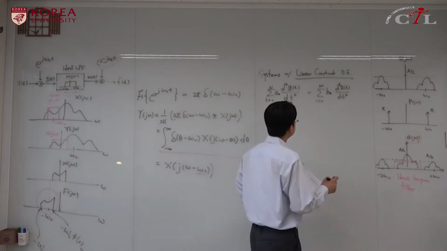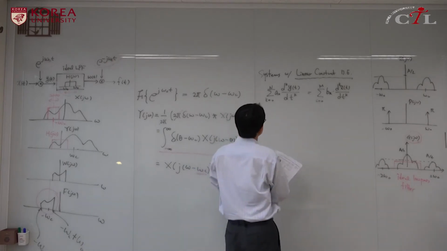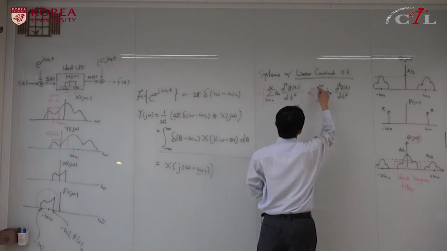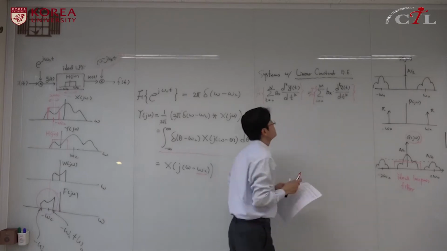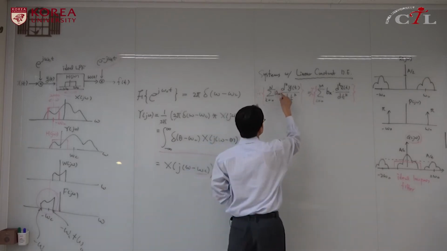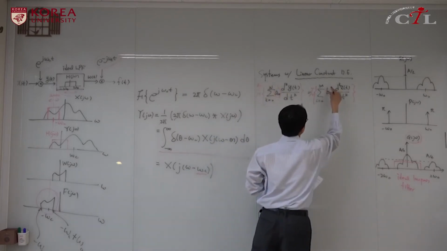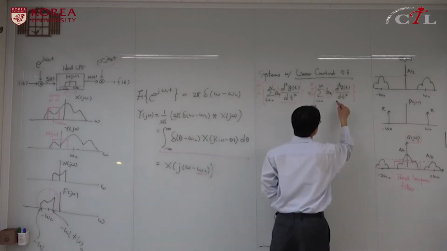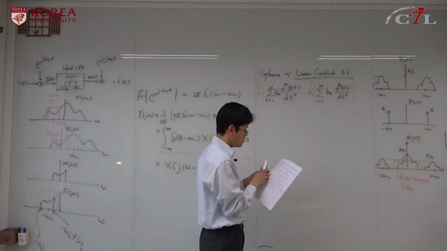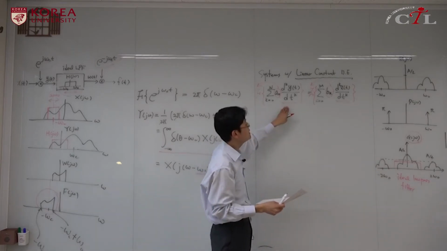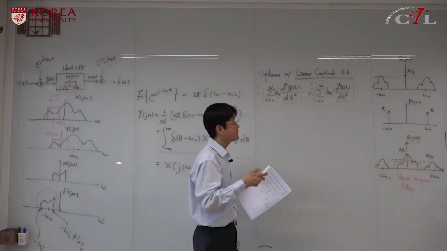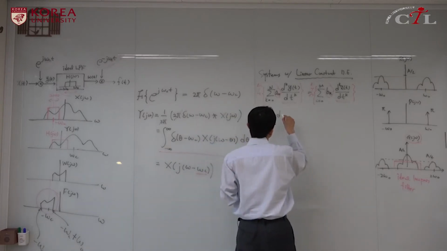Then I do the Fourier transform here and here, and because of the linear property, the coefficients will come out of the Fourier transform. And for this differentiation, we know that if the original signal is differentiated, then its Fourier transform is just multiplication by jω. So we know this property: dx(t)/dt, if Fourier transformed, is jω X(jω).